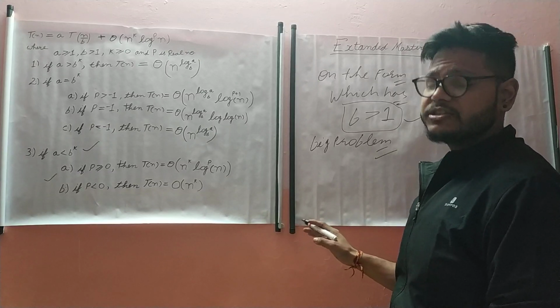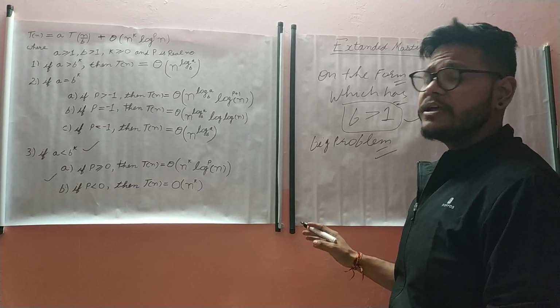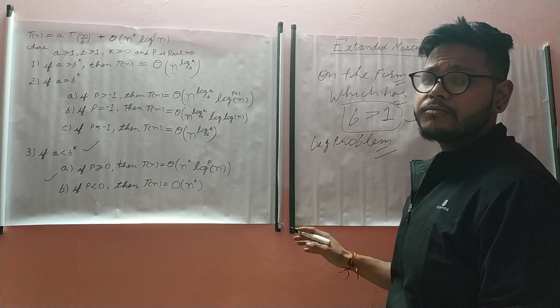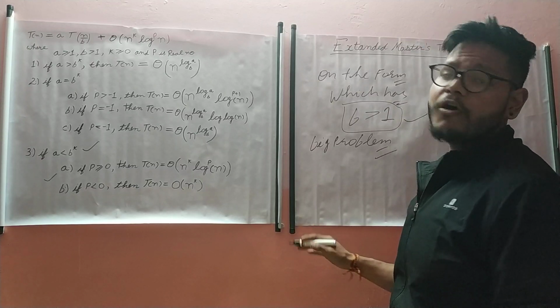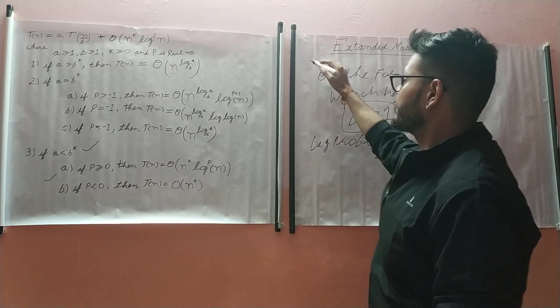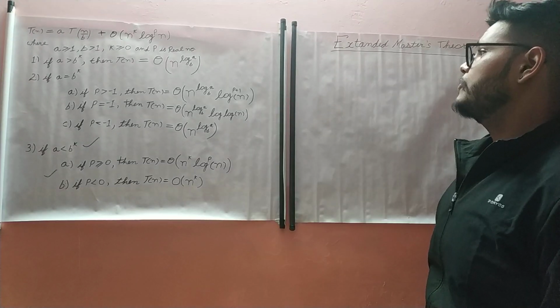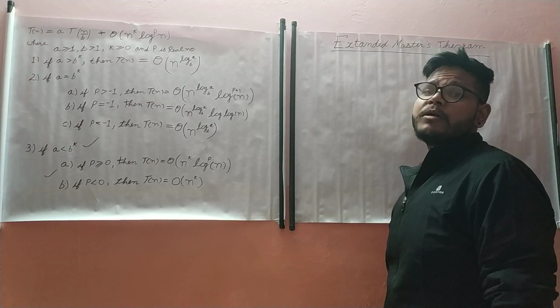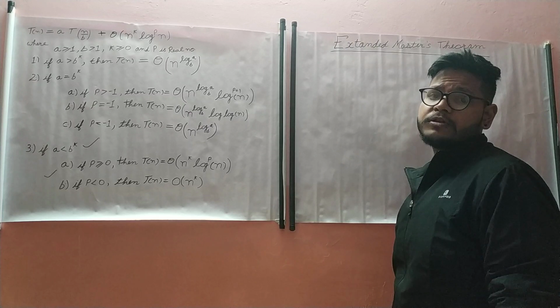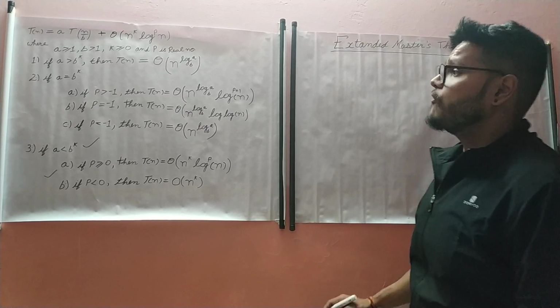But there are some problems which can be solved by Master's theorem which are not divide and conquer. So if you get a problem on recurrence relations in GATE, find out its form.